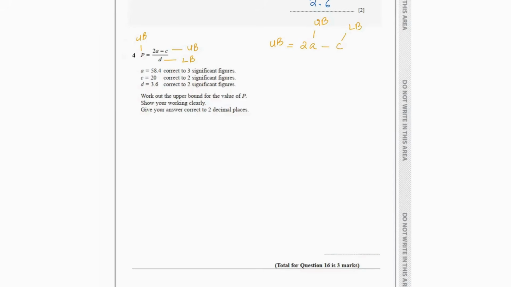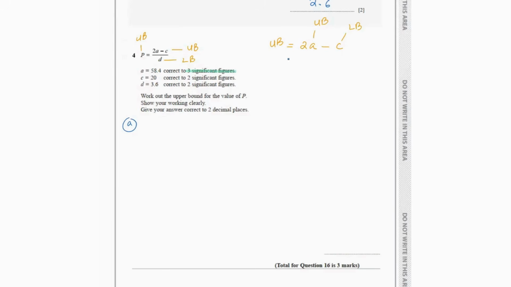So now that we've decided what we need for each A, C, and D, next step is to find the upper bound and lower bound for them. So for A, it's 58.4 correct to 3 significant figures. Whenever something is given correct to significant figures in bounds, first you figure out what is the third significant figure in the given value.